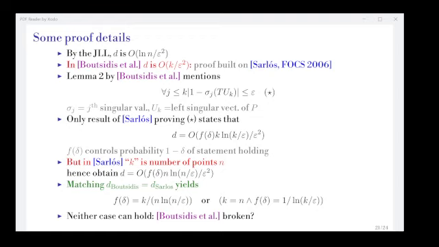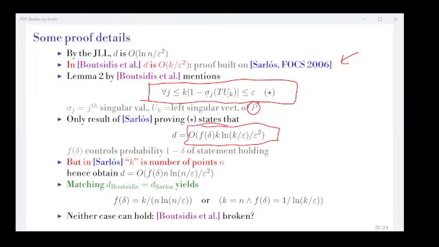Anyway, the proof is built on this other paper, which came out in FOCS 2006 by Sarlos, and the crucial Lemma 2 by Boutsidis et al. mentions this bound where sigma j is the jth singular value and uk is the left singular vector matrix of the point matrix P. The result in Sarlos' paper, proving star, states that D is in fact this quantity, okay, which is correct.